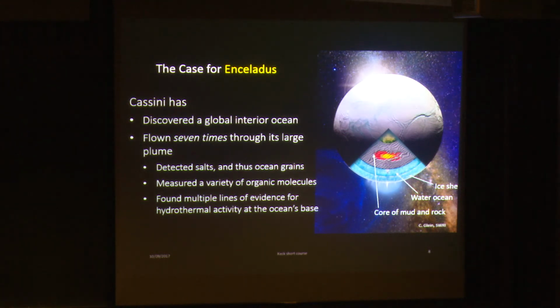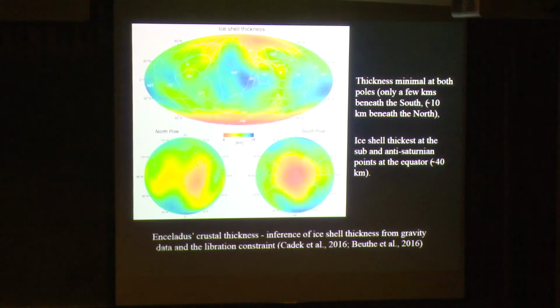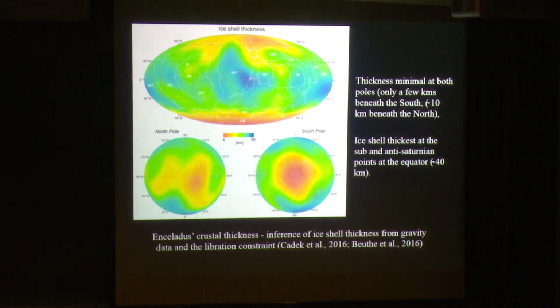So the question then was, how can you get so much activity on Enceladus? Recent studies looking at the topography, the degree 2 gravity coefficient on Enceladus, and also the stresses, found out that the thickness of the ice on Enceladus can vary quite a lot.